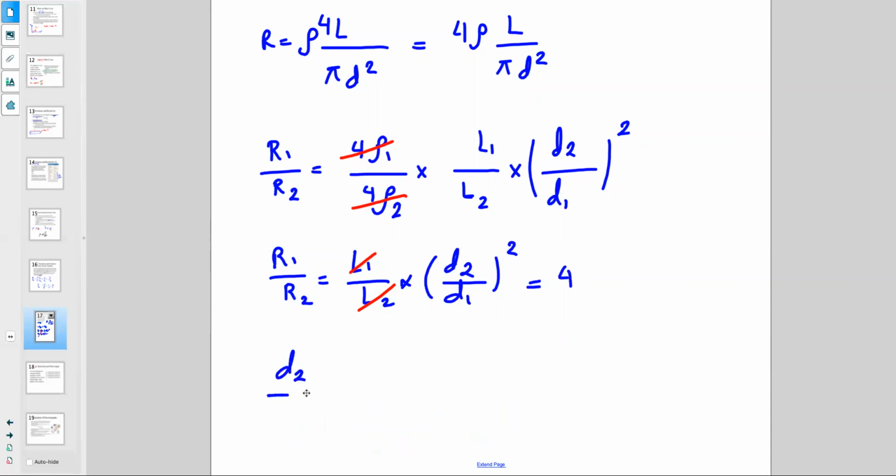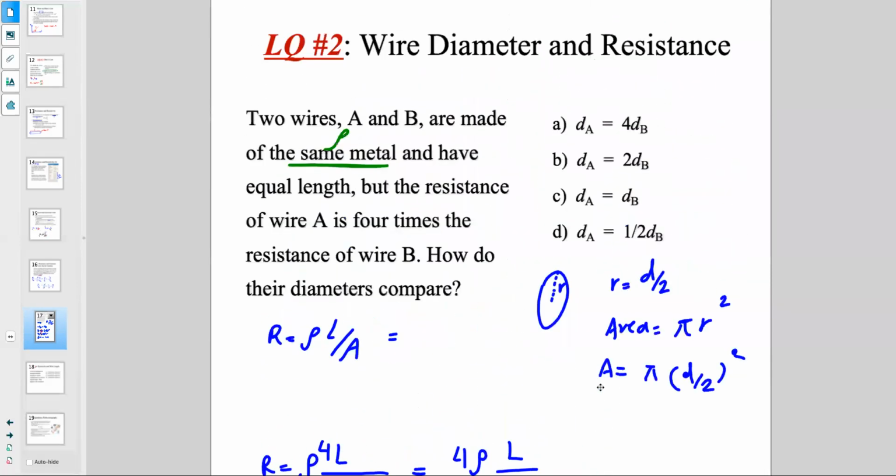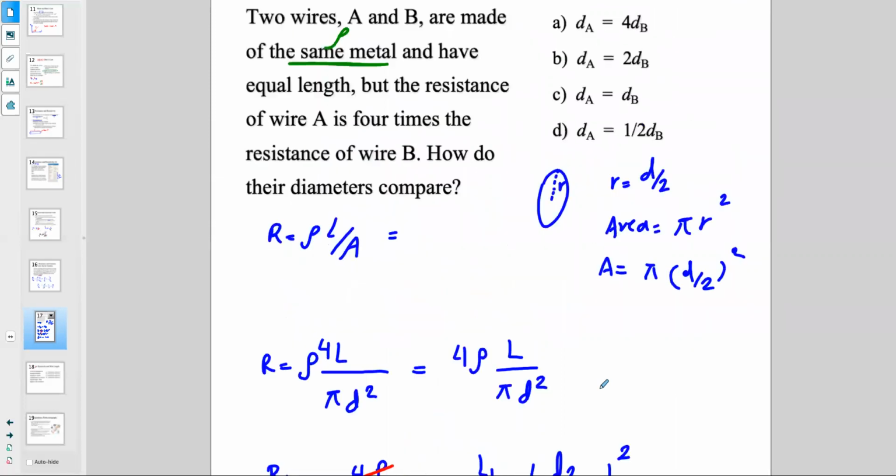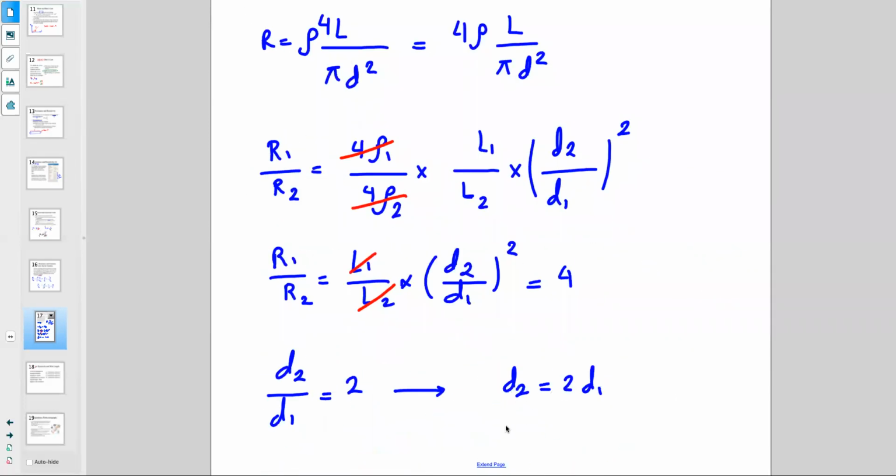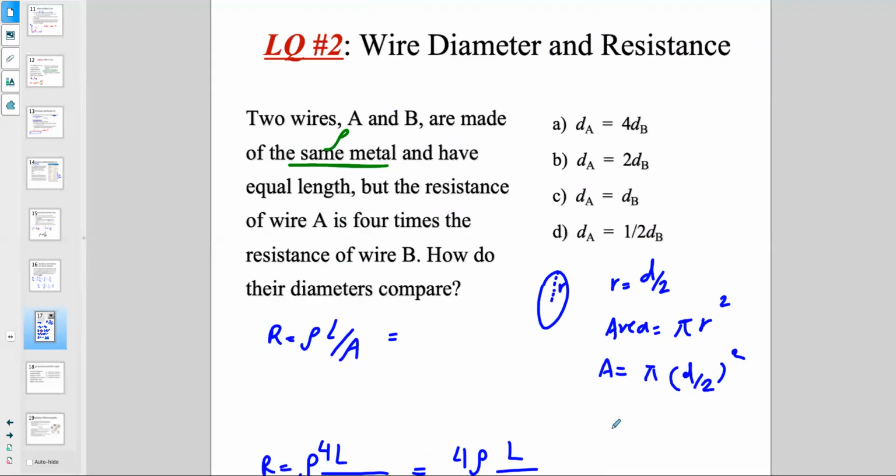So you have D2 over D1 being equal to 2. In other words, D2 is 2 D1. Or if I want to show it with A and B, this is dB to dA. That's the correct answer right there.